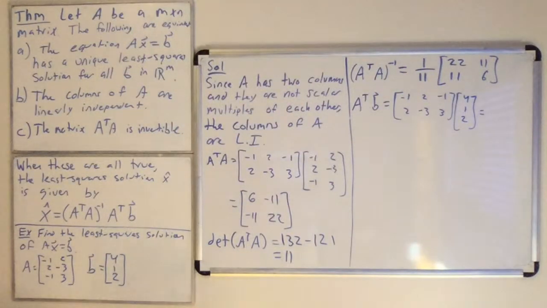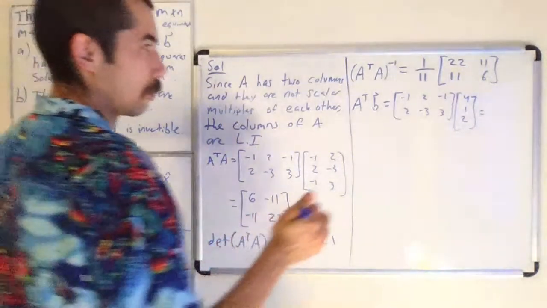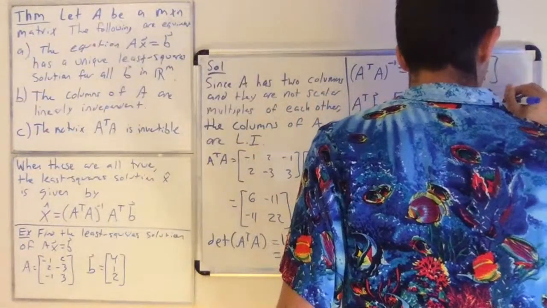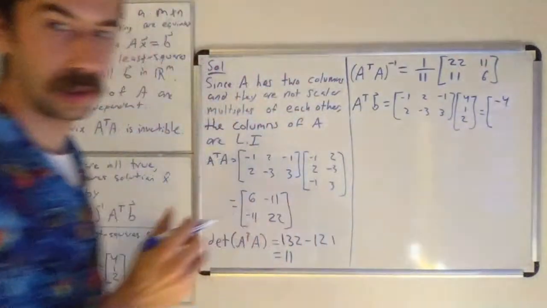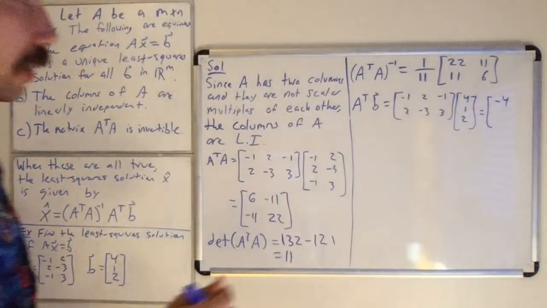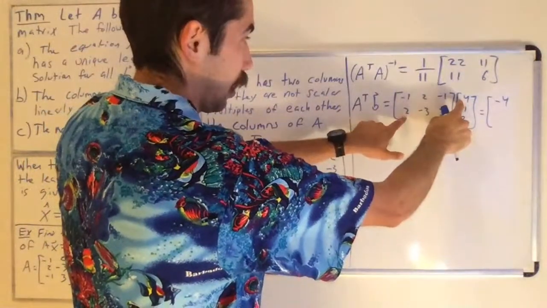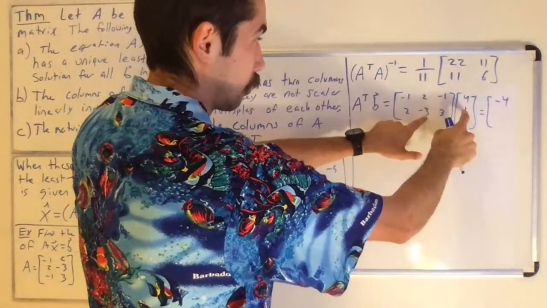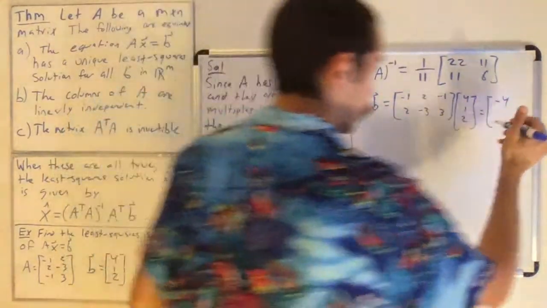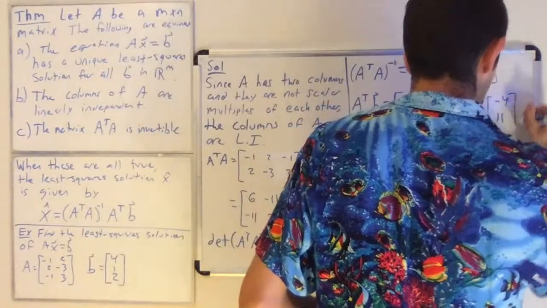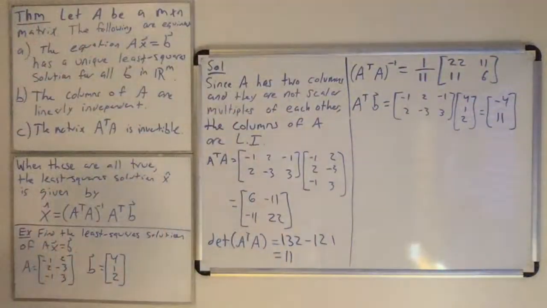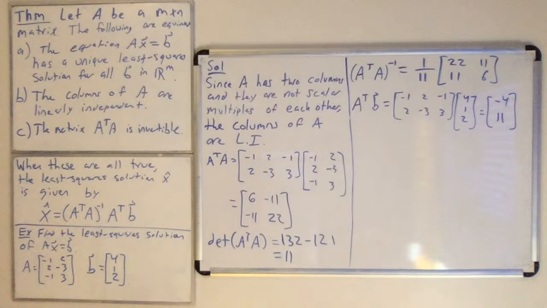Okay, so we do this multiplication out. We get minus 4 and 8 plus 6 minus 3 is 11. Okay, and so now we're basically done, right?